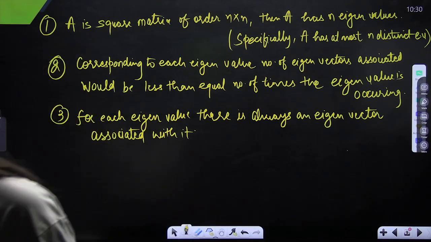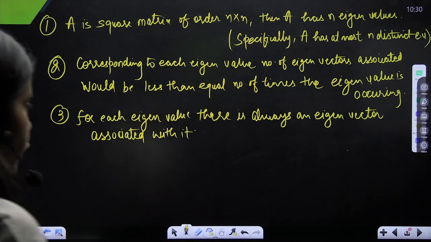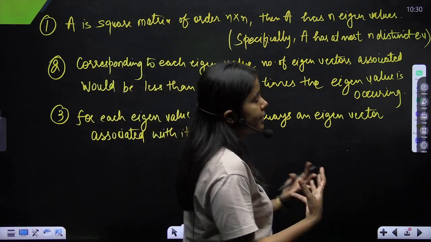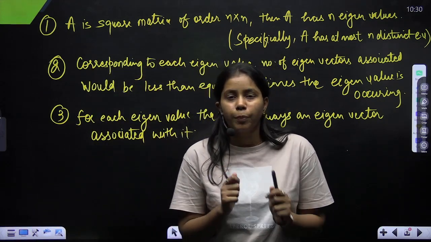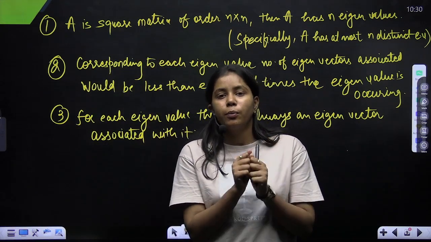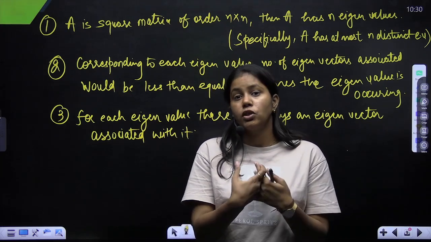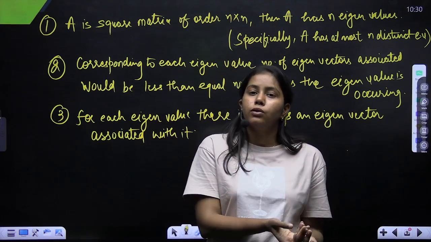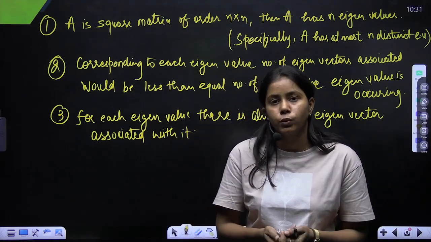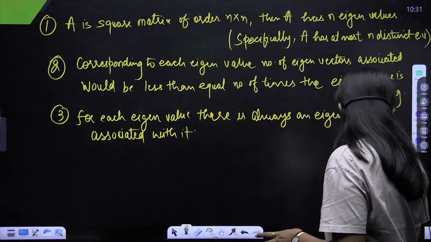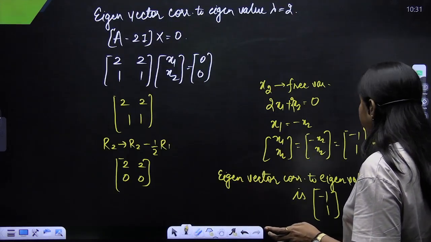But also, what we are going to do is discuss further some of the properties of eigenvalues and eigenvectors which help us to solve for eigenvalues of a 3x3 matrix or a 4x4 matrix, because you can see that this method is very lengthy.